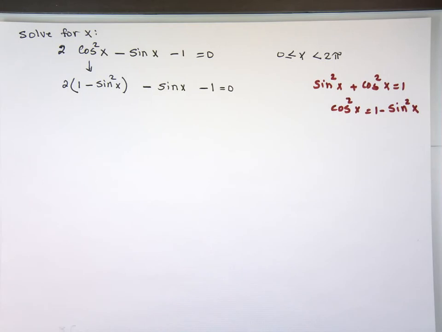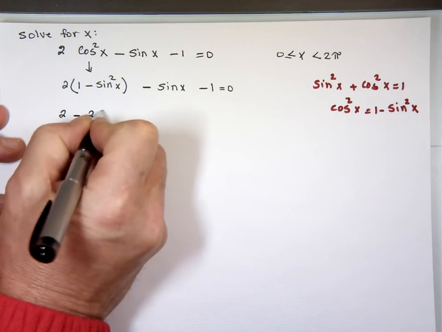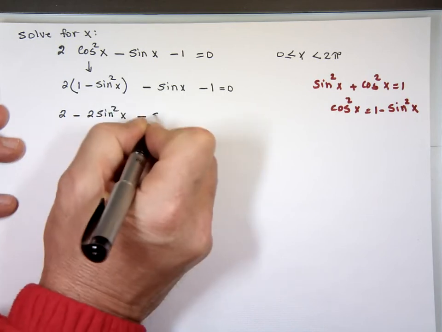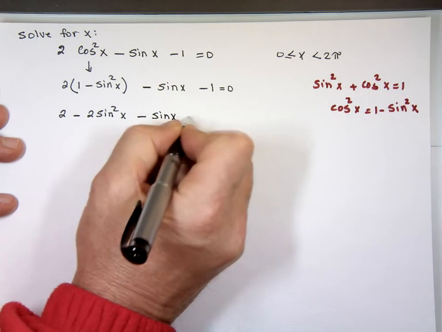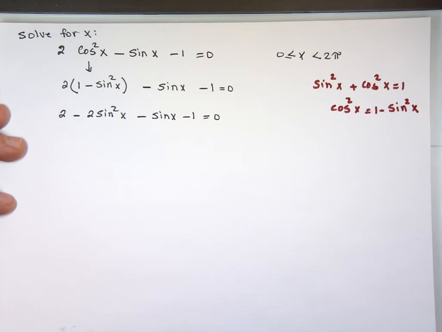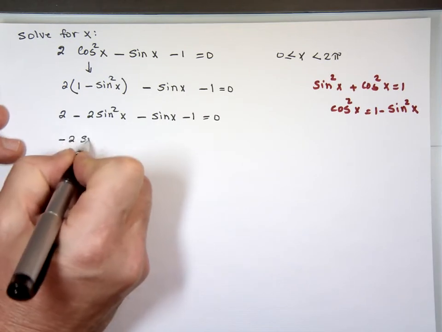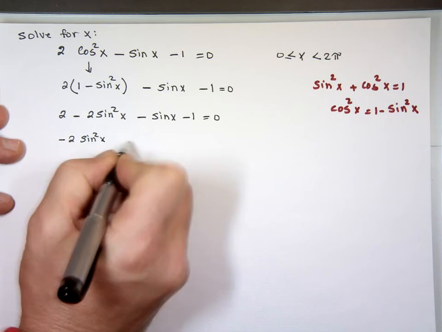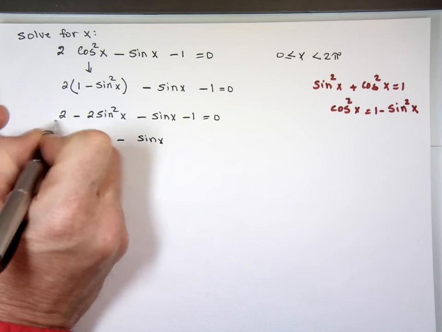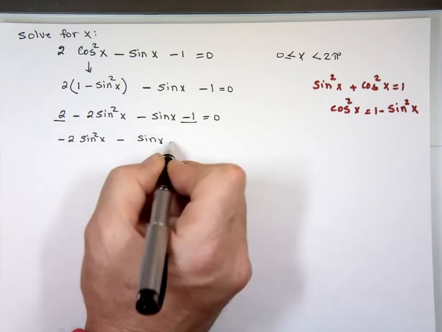Distribute that. 2 minus 2 sine squared x minus sine x minus 1 is equal to 0. Negative 2 sine squared x minus sine of x. What about plus 2 minus 1? What is that equal to? Plus 1, right?